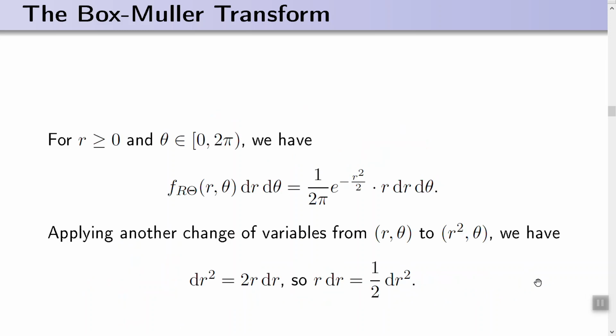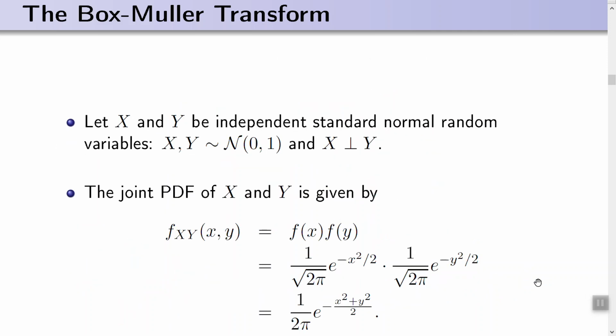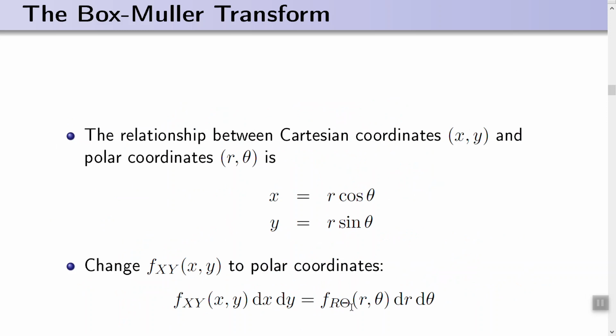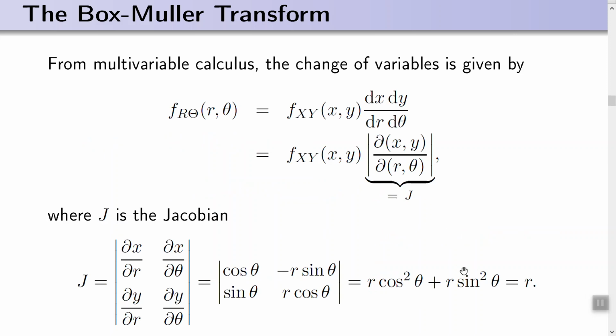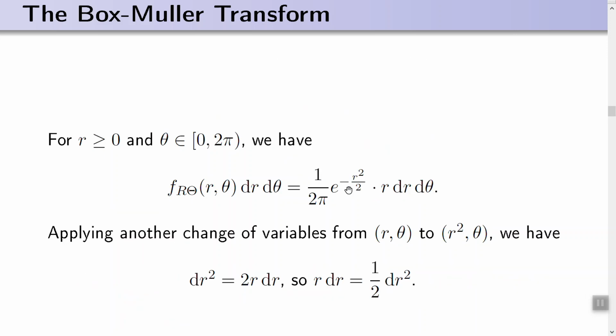So when we swap it out, we replace the x and the y with r cos theta and r sine theta, which is how we get r squared here, because it's x squared plus y squared, so that becomes r squared. And because of the change of variables, you include this term, which is just r.